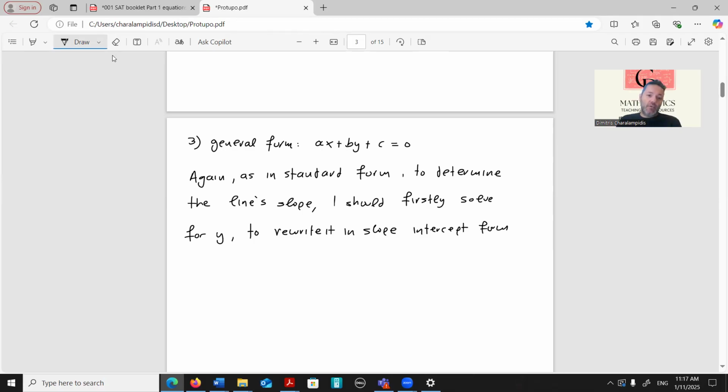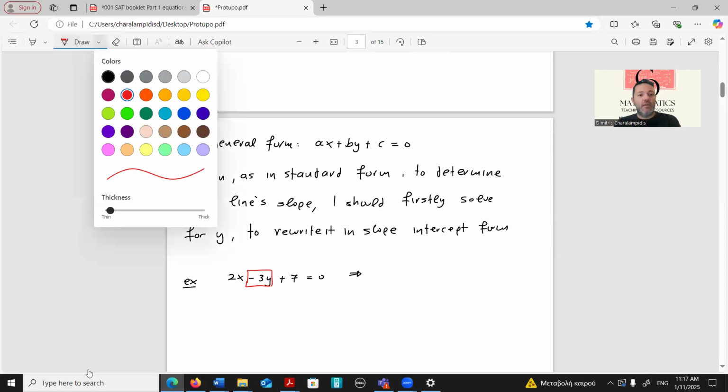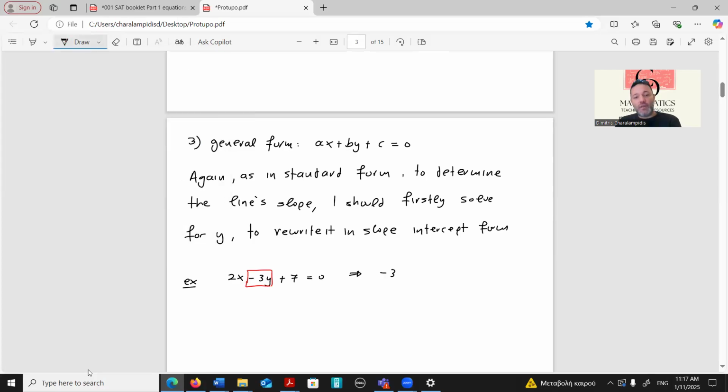Let's see one example, and we are done with this video as well. So 2x minus 3y plus 7 is 0. I need to write it in slope-intercept form, which means solve for y. If I cannot directly solve for y, I will begin by solving for the term that contains y, which is minus 3y. So minus 3y equals minus 2x minus 7.